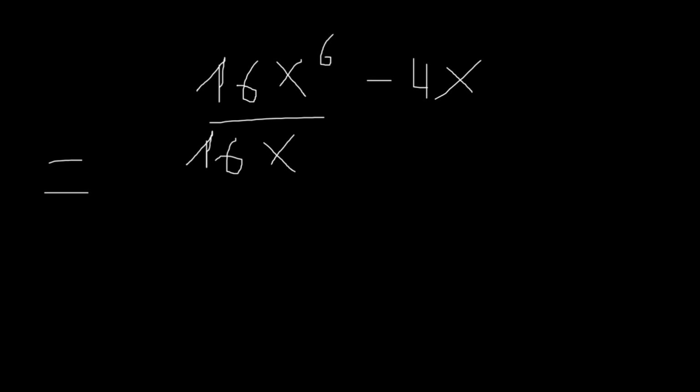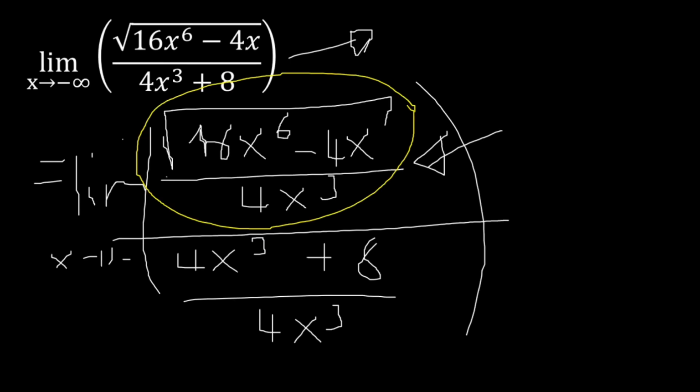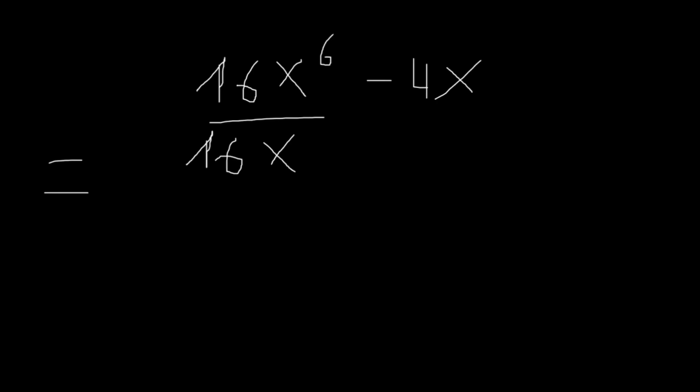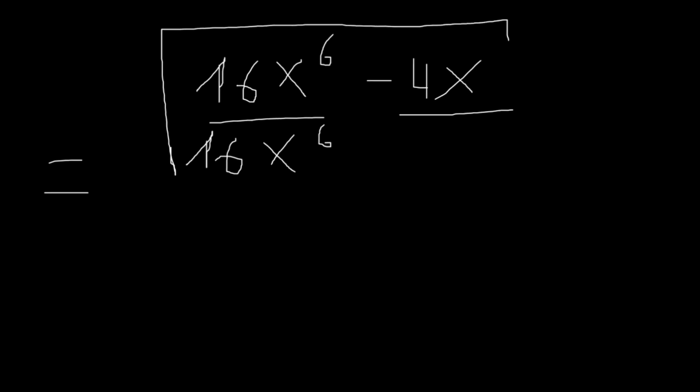That will be 16x. Since it's cubed here, we square it, so x to the power 6, all in square root, all over 4x to the power 6. Sorry, let me correct this error: 16x to the power 6.